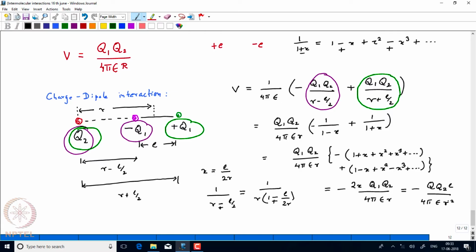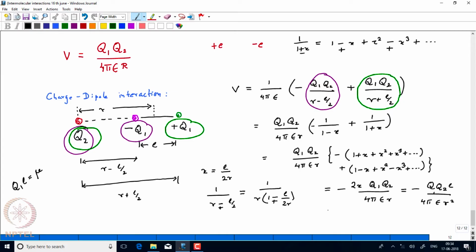and then instead of r I will have r square, because it is L by r, and then we know that this Q1 times L is nothing but the dipole itself, and then we can replace it by mu.